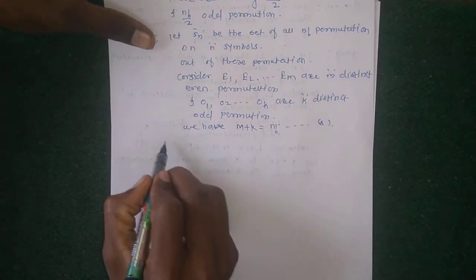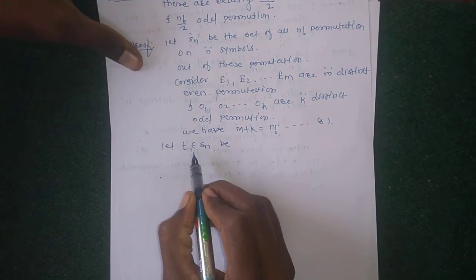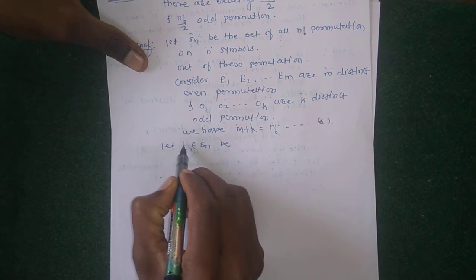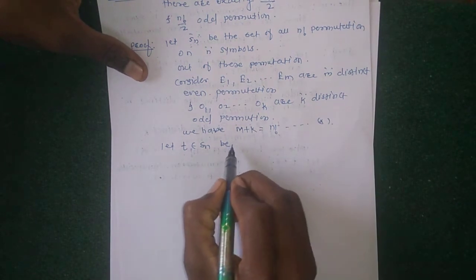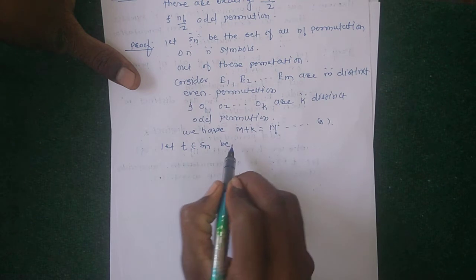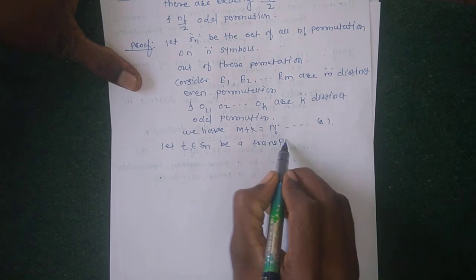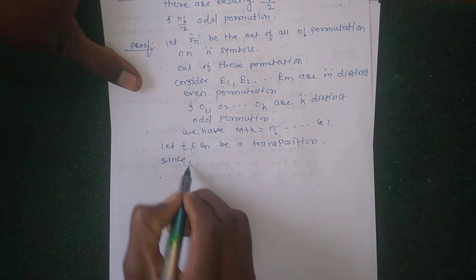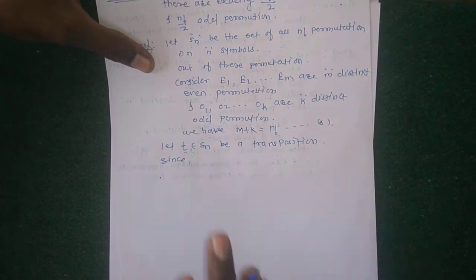Okay, so let t belong to Sn be any transposition, chosen as one transposition in Sn. A transposition means a cycle of length 2.